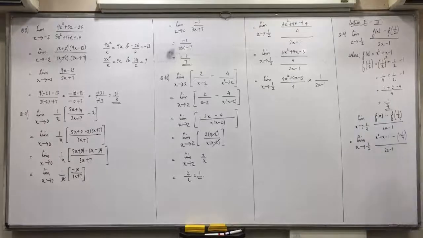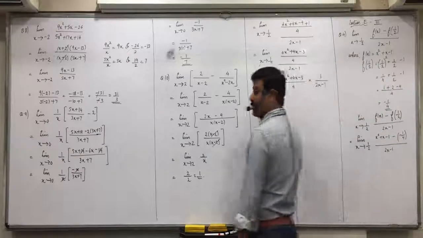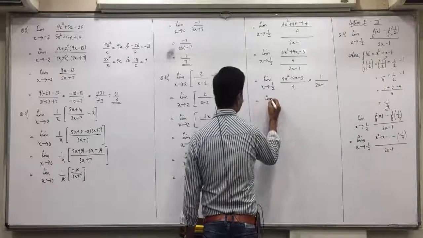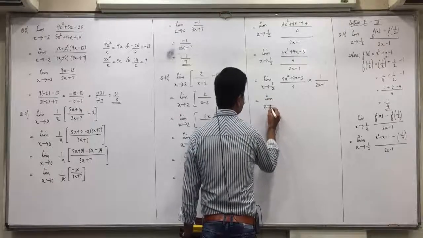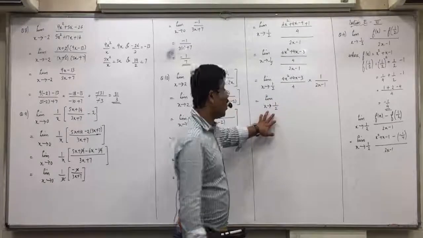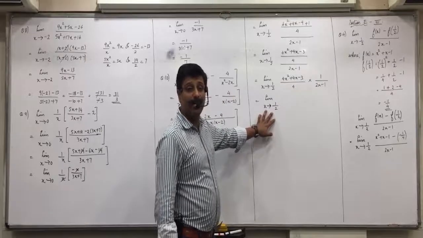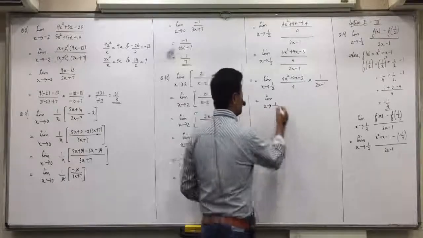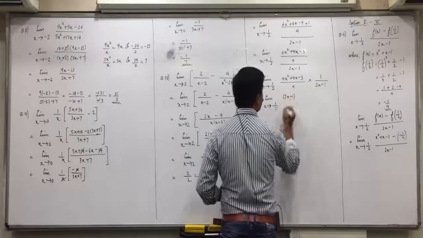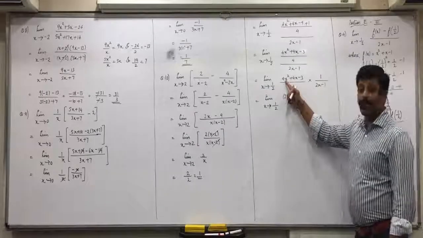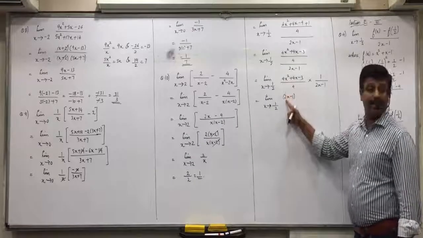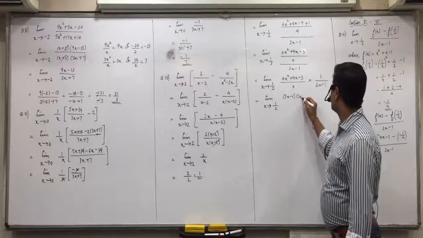Any confusions? Now that rule, verbalization. Limit x tends to 1 by 2. What common factor do you get from x tends to 1 by 2? 2x minus 1. Now 4x square divided by 2x, 2x.